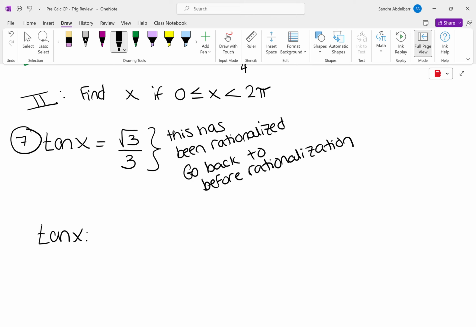So how do I go back to before the rationalization? Don't you just really undo that square rooting? So go back. I know this would have had to be the square root of 3. What is that numerator then? If I had to multiply top and bottom by the square root of 3, wouldn't this have just been 1?